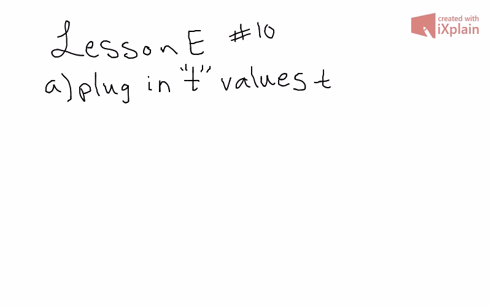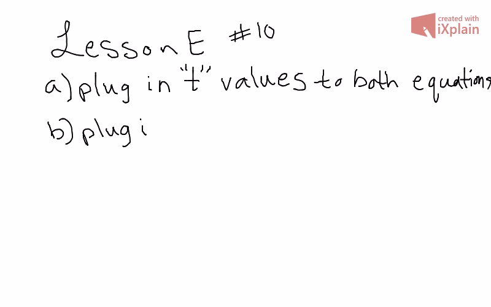And I could do a quick rundown through these. For A, it says complete the table. All you need to do is plug the different t values, 1, 5, 10, 15, and 20, into each of the 2 equations, the s of t and the c of t. So you plug 1 in for t on both of those and write down the answer in those boxes, etc.